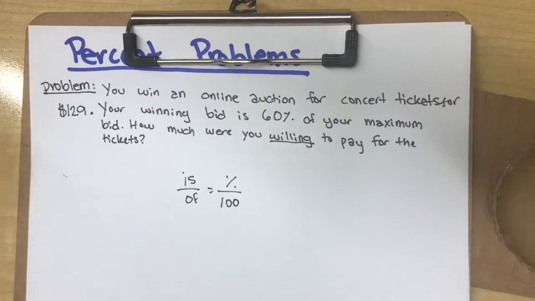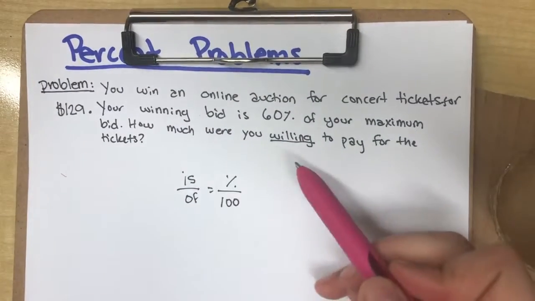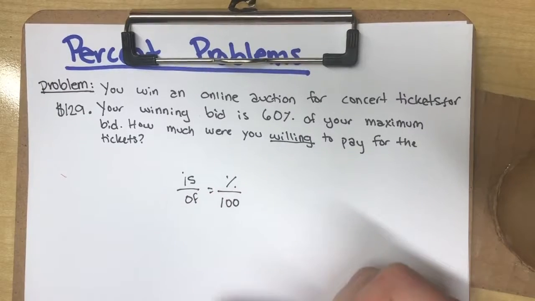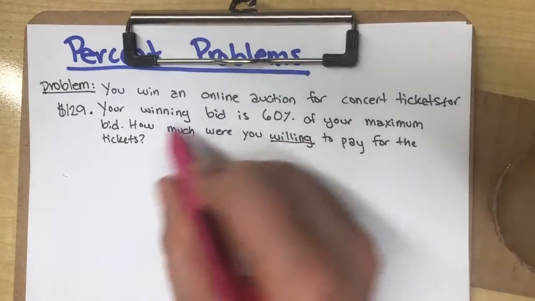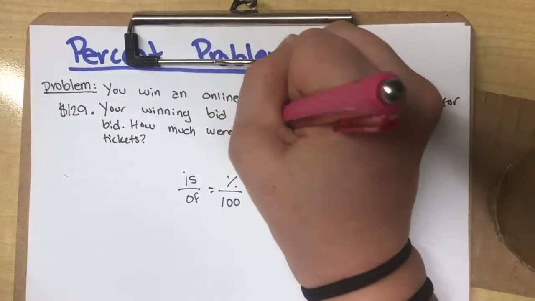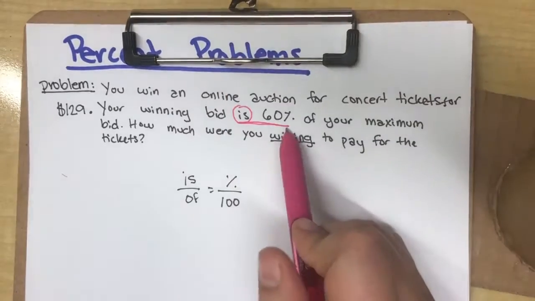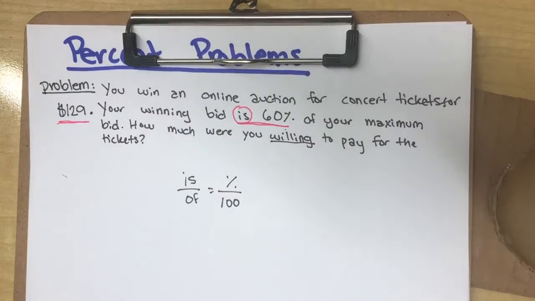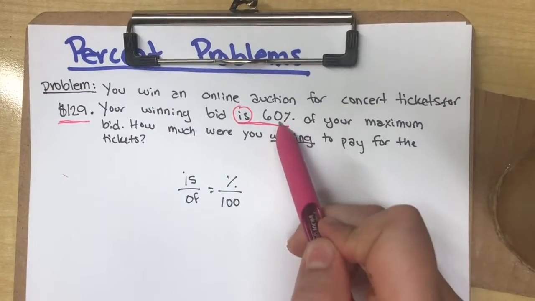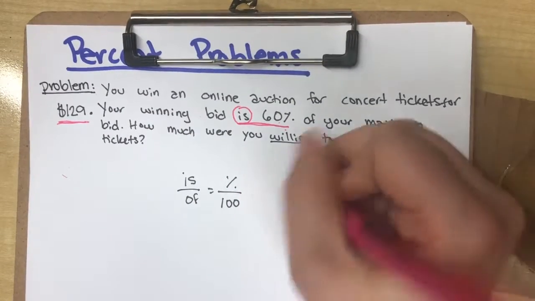Okay. So now we need to use some language clues in our problem to figure out what variables we know and which ones we're looking for. Okay, so I can tell that your winning bid is 60% and the winning bid is $129. So 60% is going to go here.